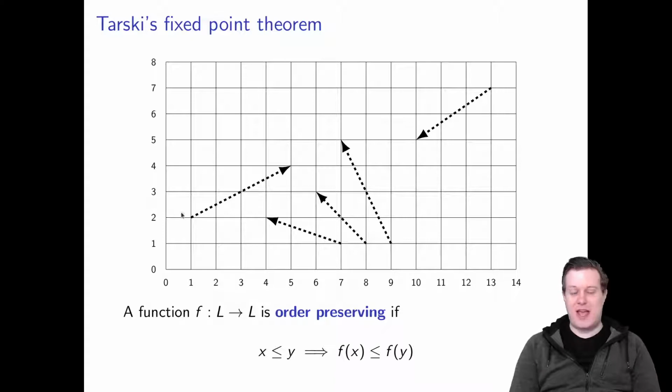So here we have that x is not comparable to a, b, or c, and we can see that f of a is less than f of x, f of b is incomparable to f of x, and f of c is greater than f of x. That's all fine. Order preservation just says if x is less than y, then f of x must be less than f of y. If that's not the case, then it doesn't matter what the relationship between f of x and f of y is. So that is the definition of order preservation.